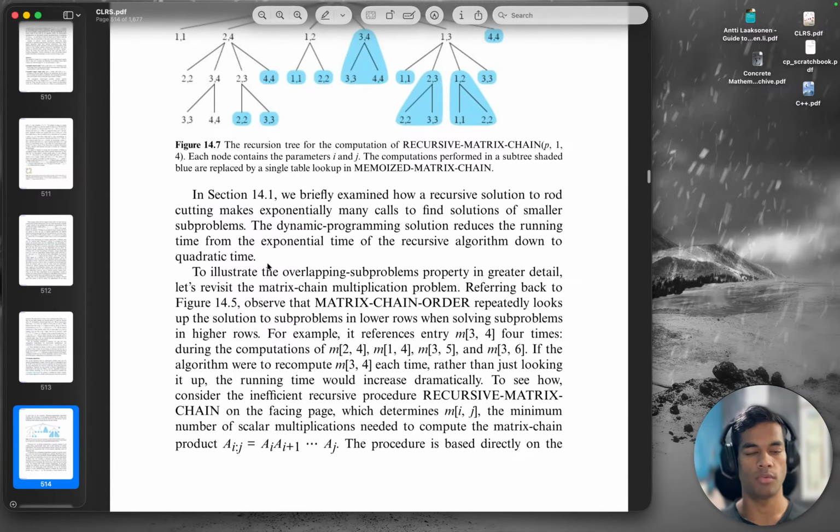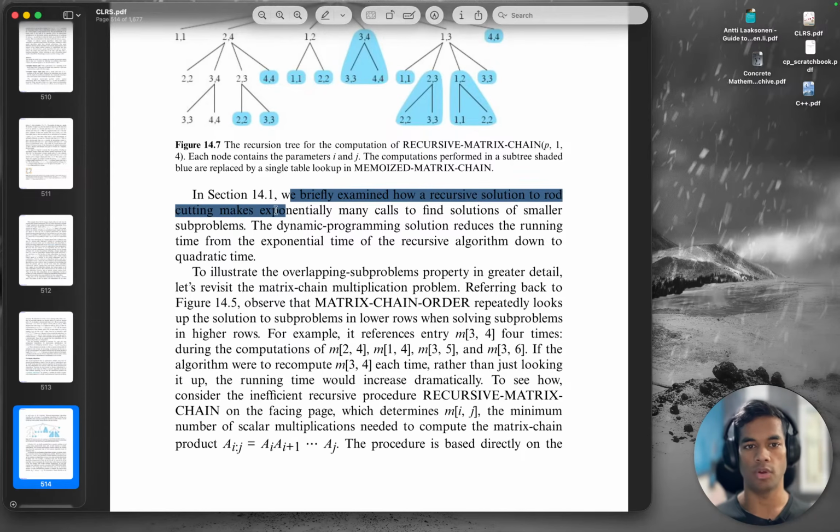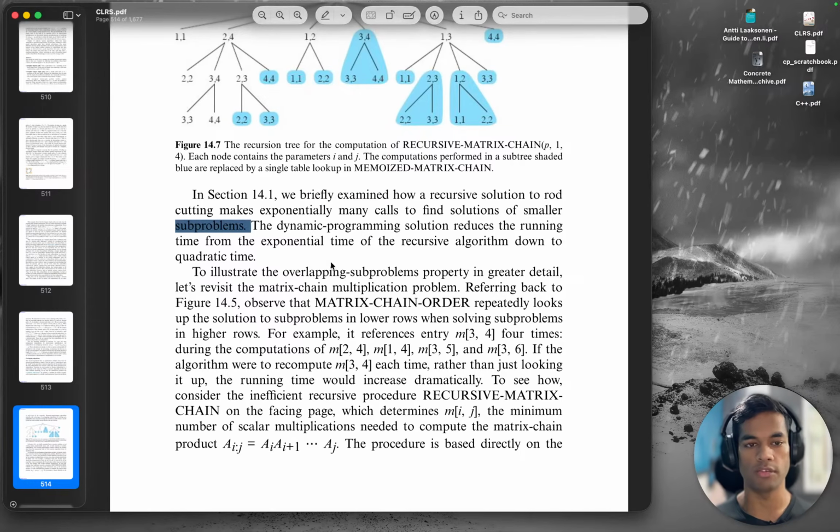Section 14.1, the rod cutting example. We briefly examined how a recursive solution to rod cutting makes exponentially many calls to find solutions of smaller subproblems. Yes, the answer was 2 power n.